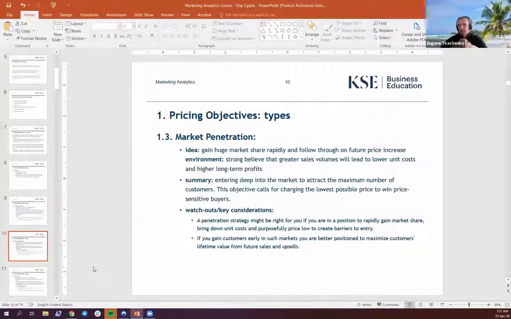So there are some key watch outs, or key considerations, to mention. The penetration strategy works well if you're in a position to rapidly gain market share, bring down unit costs, and purposely lower your prices very fast and address those changes immediately.